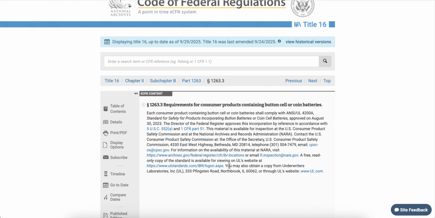Now, this means that you have to take one step beyond the ECFR in order to be able to comply, because what these standards contain, well, you could find, for example, technical drawings or schematics or other parameters that must effectively be implemented into your technical drawings to make sure you comply. So that means that the requirements are not contained within the legislation, but actually contained in a standard incorporated by reference. Okay.